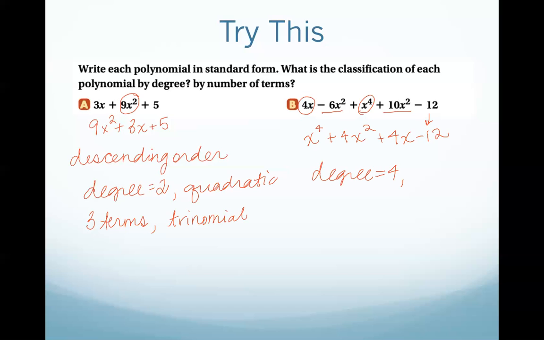That is quartic. And there are 1, 2, 3, 4 terms. We don't have a special name for that. We would just leave it as 4 terms. If you wrote that it has 5 terms because you didn't combine like terms, that's okay for this, okay? But you should always, always simplify before naming your polynomials.